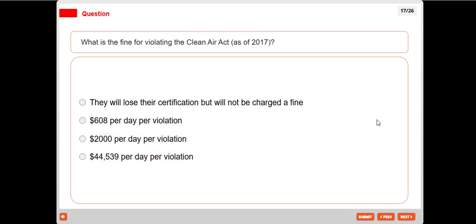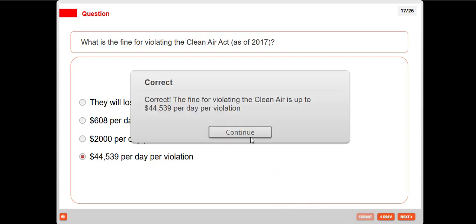What is the fine for violating the Clean Air Act? As of 2017, $44,539 per day.